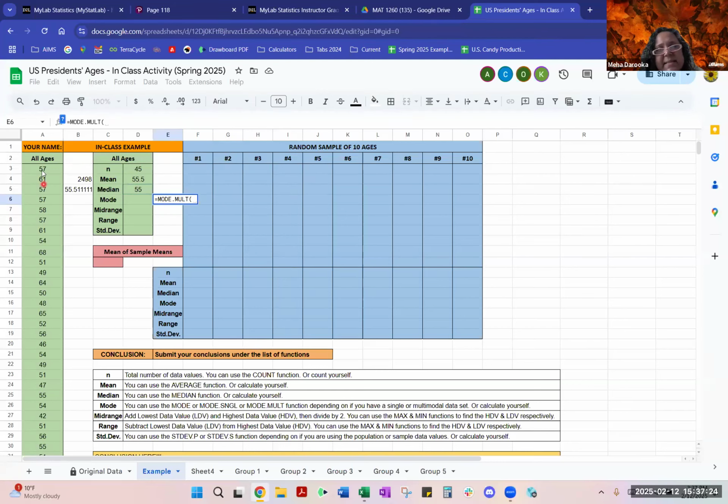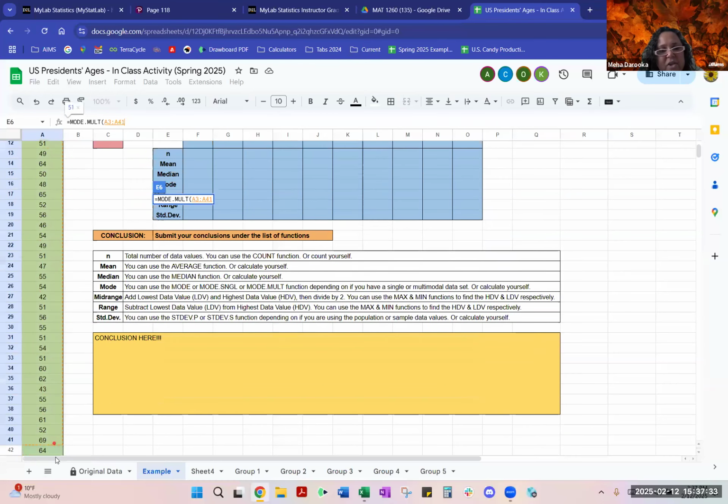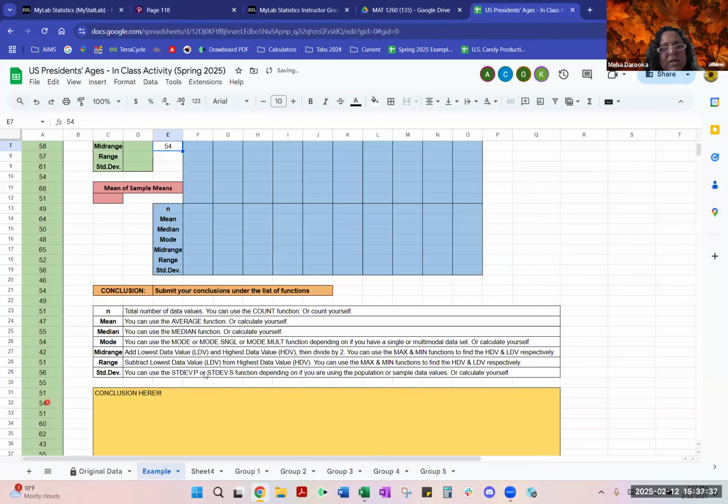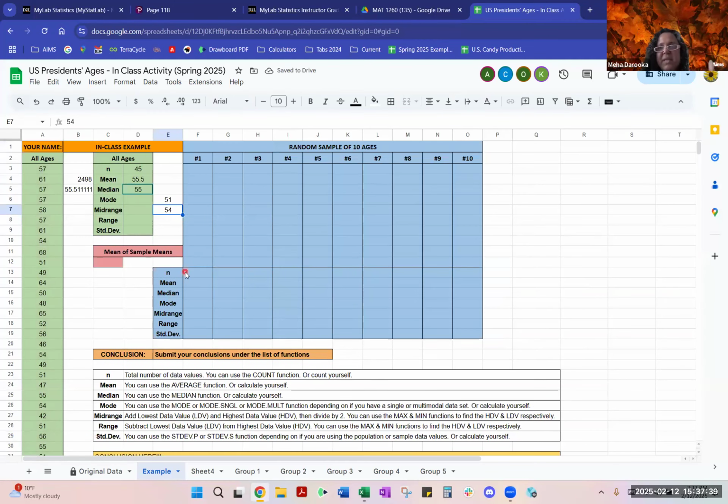But there's just one slight thing you have to be careful about when you're using mode dot multiple. I'm going to go ahead and select all of my ages again, like we did before. And you will notice that when it types in its answer, it gives you the answer vertically. So I have 51 and 54. Those are the 2 ages that are repeating the most often.